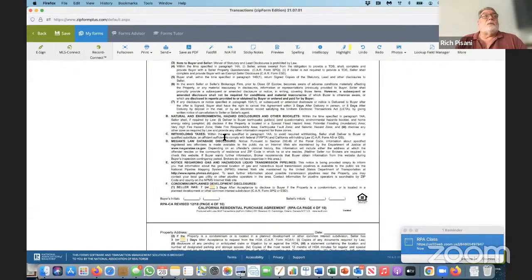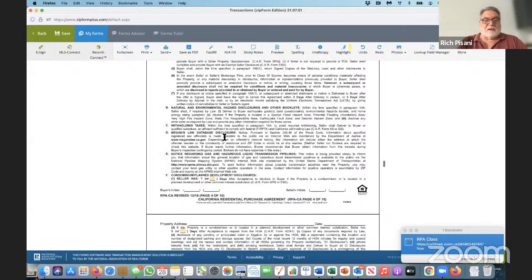But if you're dealing with a seller that is not from this country, then it's really important to note that the buyer is responsible to pay those taxes, so you want to make sure that that's done correctly.